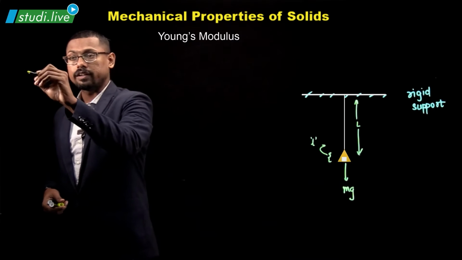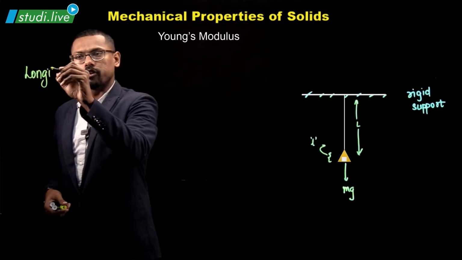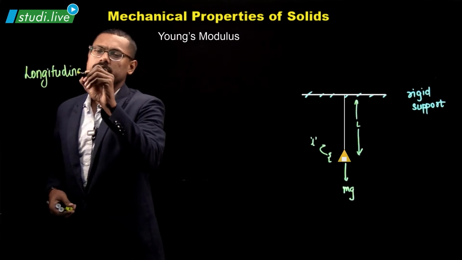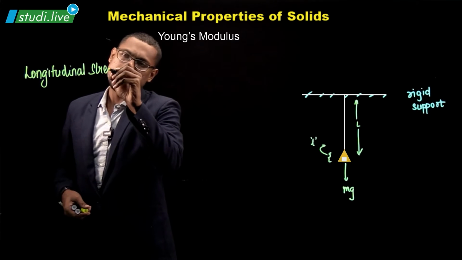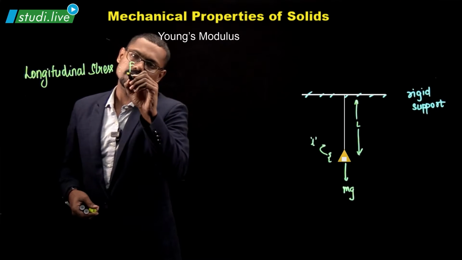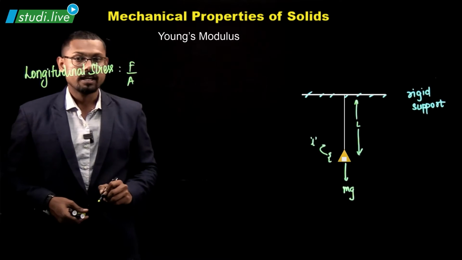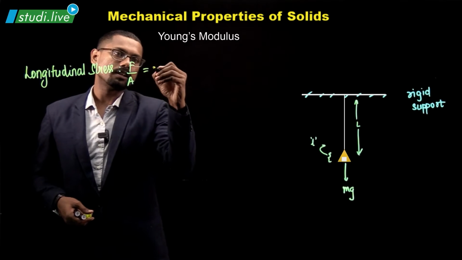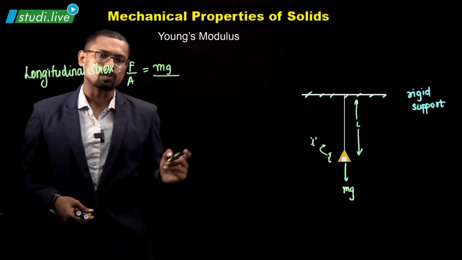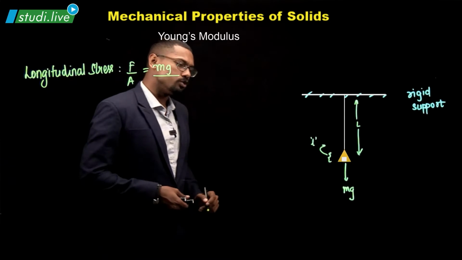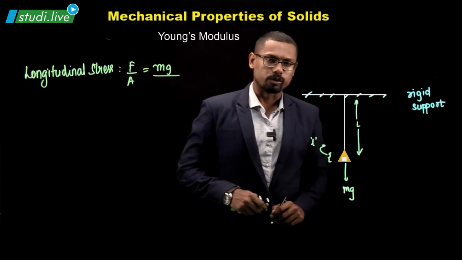In this case, if I decide to calculate my value for longitudinal stress, what is longitudinal stress? As normal, longitudinal stress is force acting per unit area. And in this case, the force is nothing but the weight that is acting on this wire. Weight is mg, therefore my force is also equal to mg.